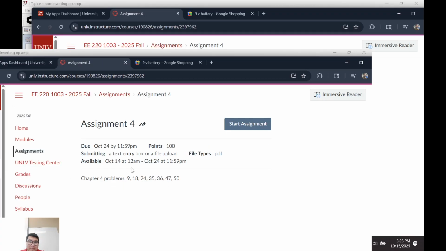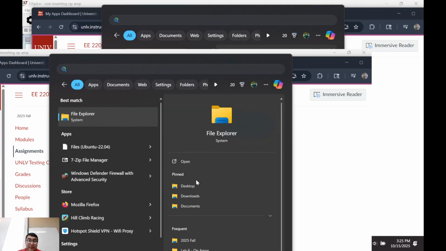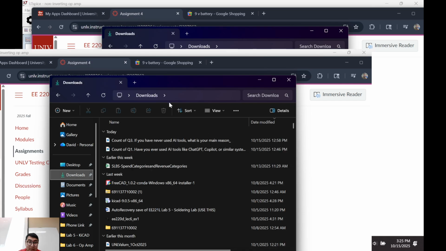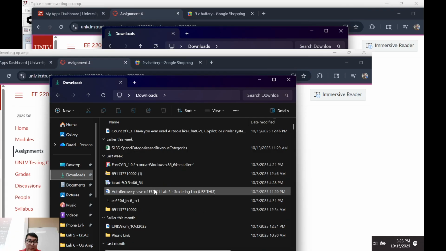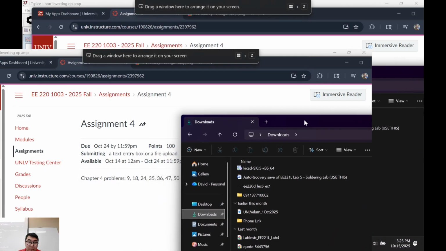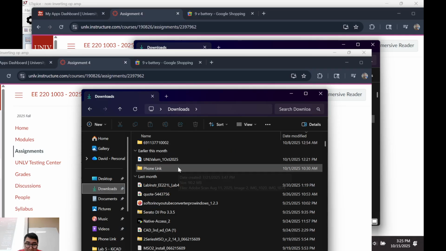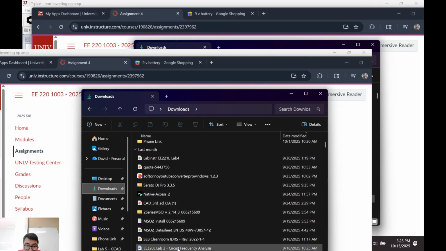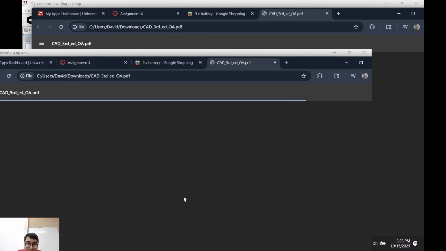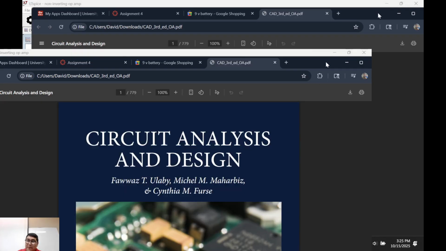Close to 4. The last one? Which one should I do? I don't know. File, Explorer, Downloads. Where's the... 4.1a? Let me see if I have the book. Where is it? Chapter 4.